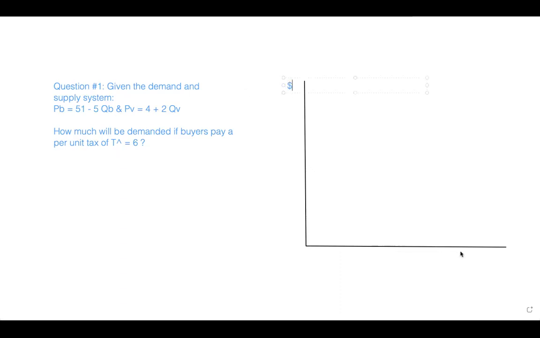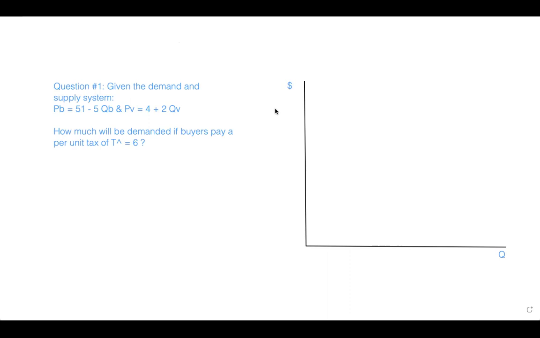I'm going to graph dollars, because that's the unit in which we're measuring price on the vertical axis, and quantity here. Can you hear me, Brian? Yeah. So how should I begin graphing this one? You could start off by labeling the y-intercepts for both PD and PS.